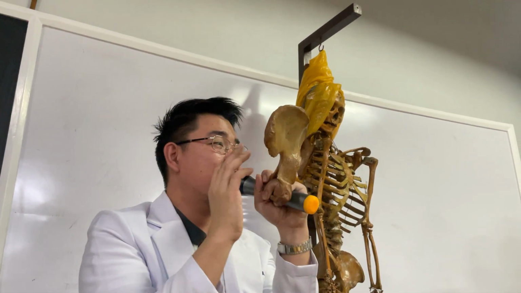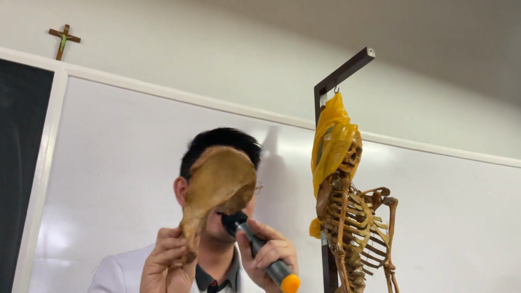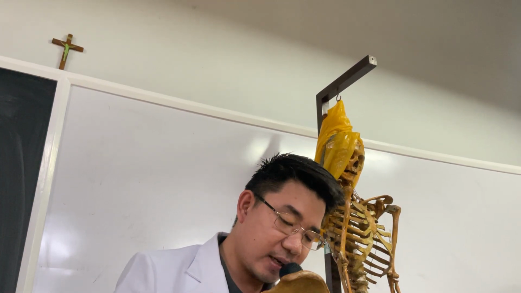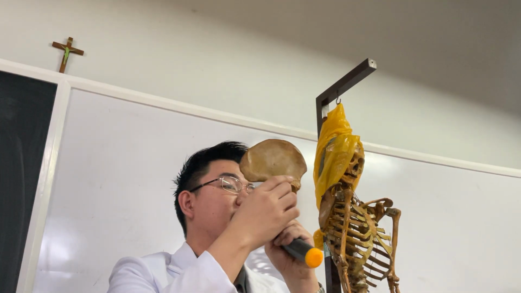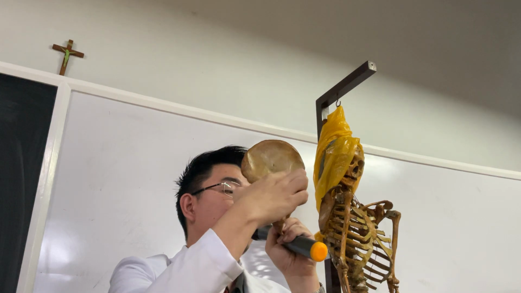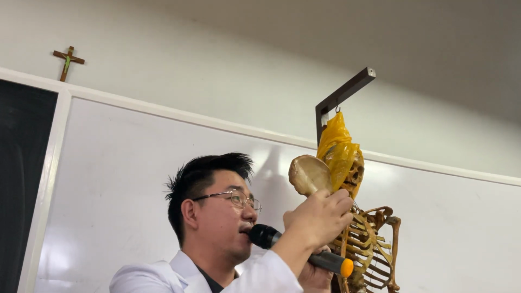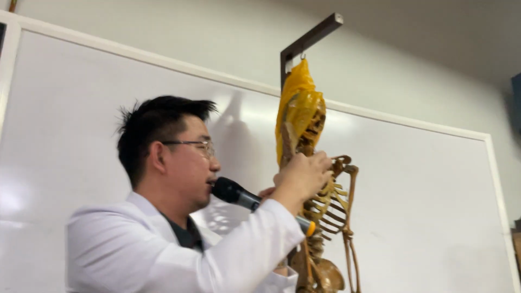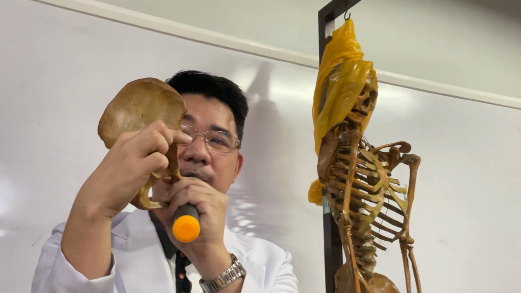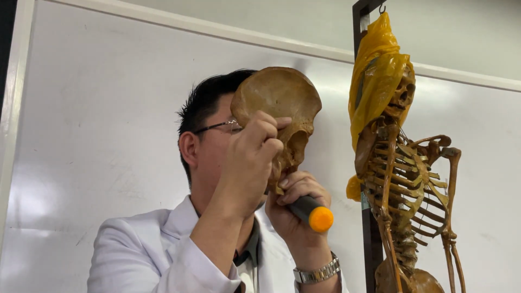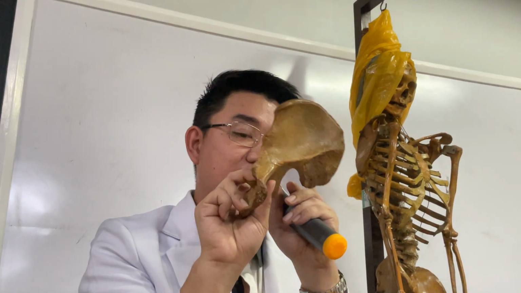Yes? Okay. Now, what else do I have to identify? This one here is known as the body of the ilium. Body of the ilium. And then that's it. No, I won't explain the others.